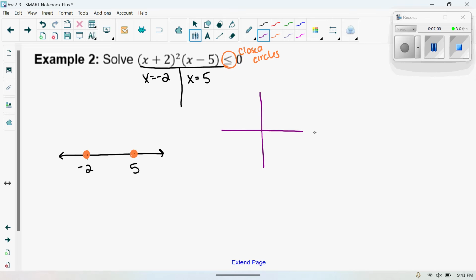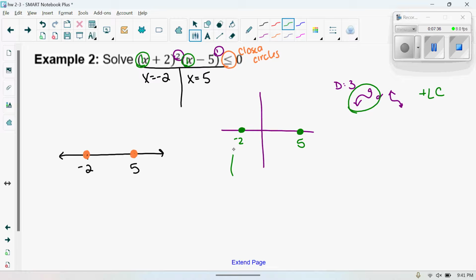I have a degree of 3 again, so I have opposite arrows. I have a positive leading coefficient because I have a 1x and a 1x, so it looks like this. My zeros are at -2, which is going to have a bounce, and at 5, which is going to go straight through. So bounce, straight through, looks like this.